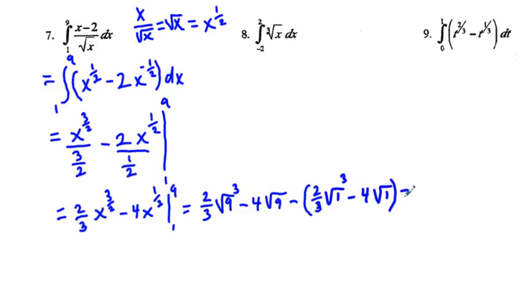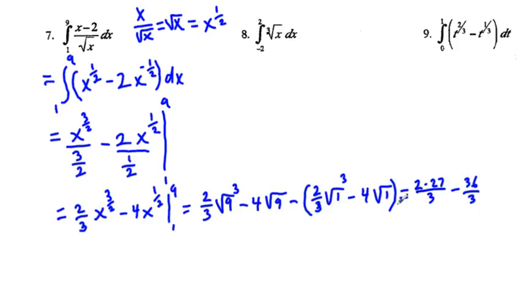Okay, now, what that simplifies to, continuing to work to the right, the square root of 9 is 3, and 3 cubed is 27. So we're going to have 2 times 27 over 3, and we're going to have minus 4 times square root of 9. Well, square root of 9 is 3, and that's going to be 36 thirds, 12, right?